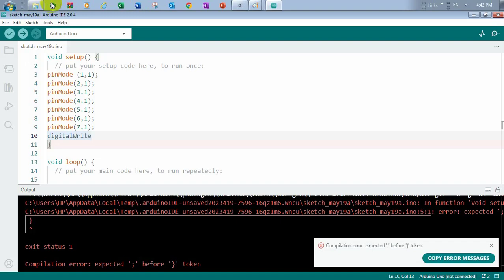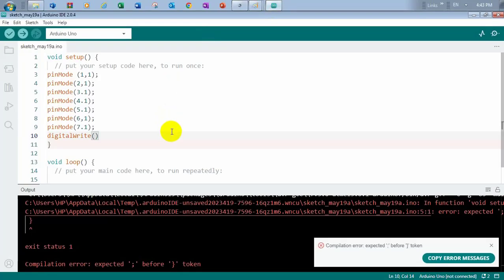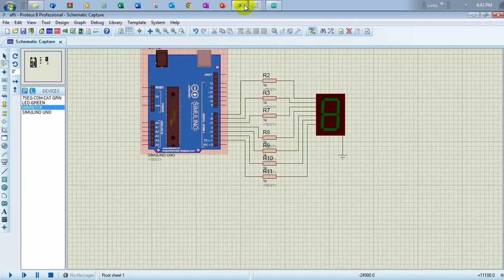So what is write? When a pin, here we write pin number 1. So for write, high or low, to send voltage. Here, where there is voltage we write HIGH. For no voltage we write LOW.